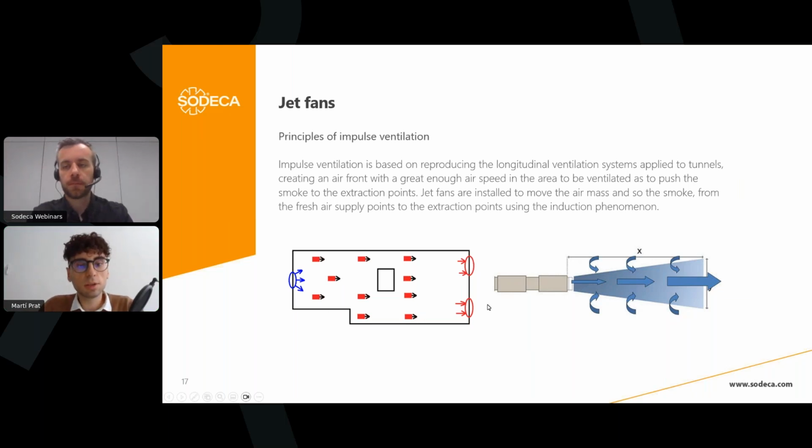And in this arrangement, the jet fans are very important because we have uniform velocities across the whole car park, and also we eliminate these possible dead zones where we could have accumulation of pollutants or smoke by installing these jet fans properly.